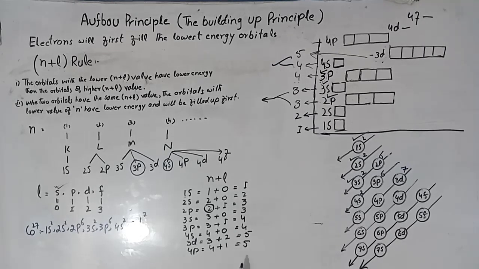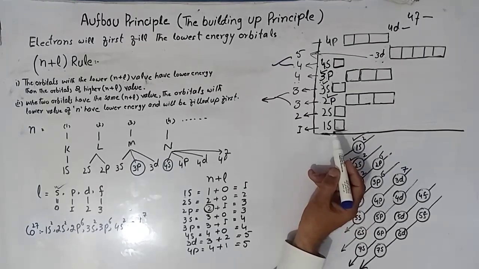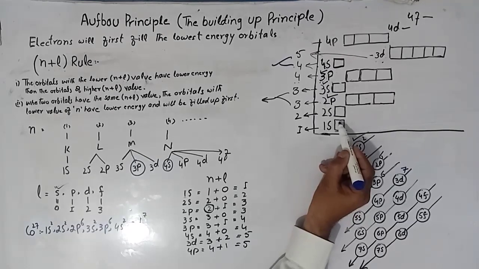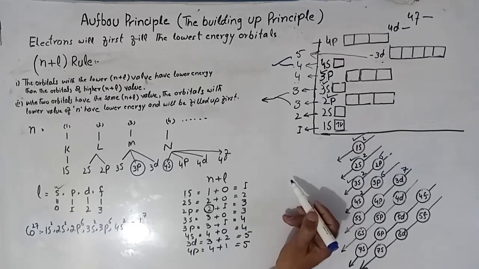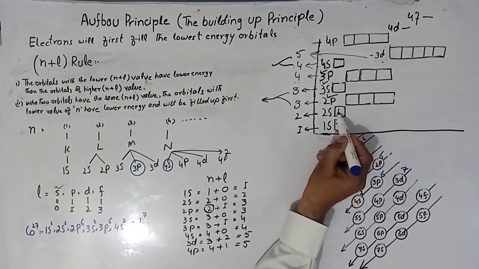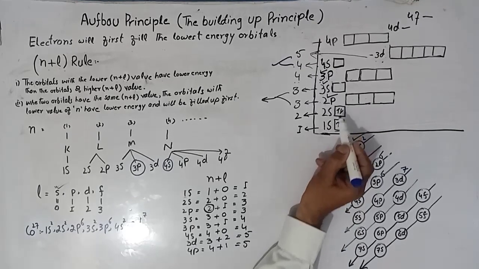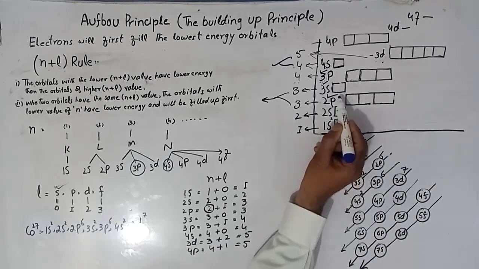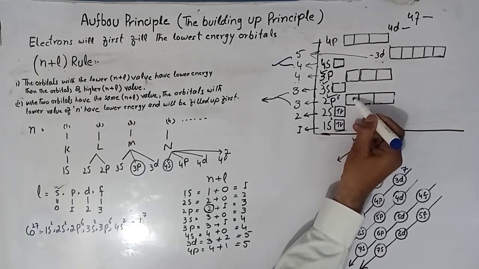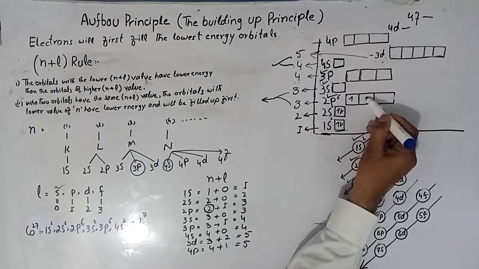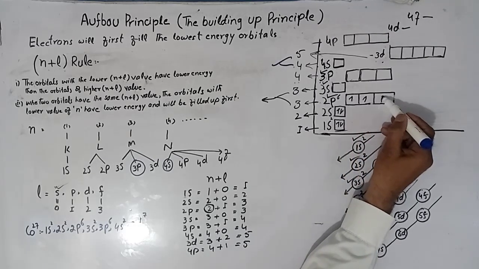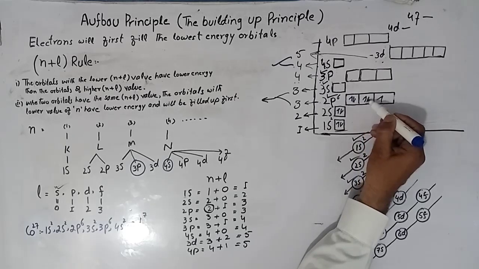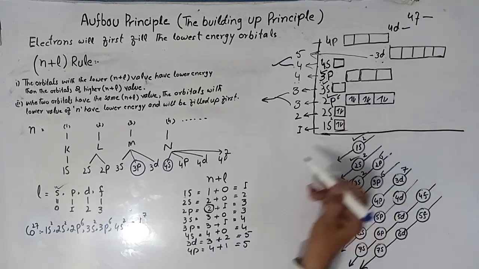Now put these values in this table. Now 1s2, 2s2, 2p6, that is 1, 2, 3, 4, 5 and 6.